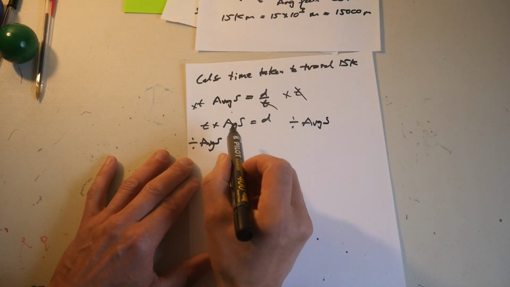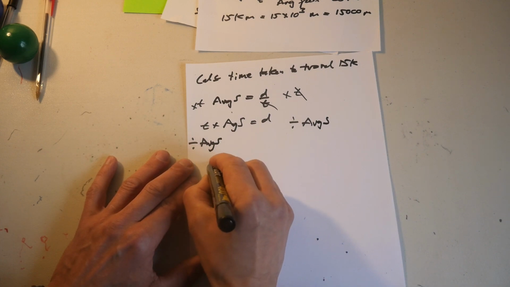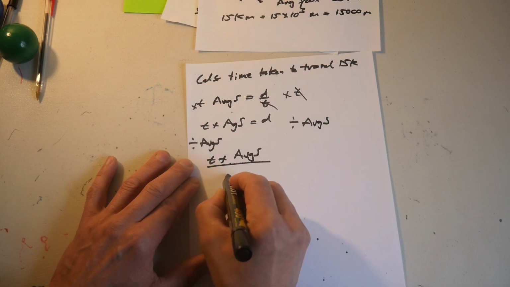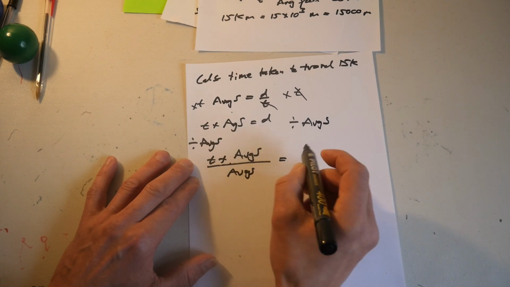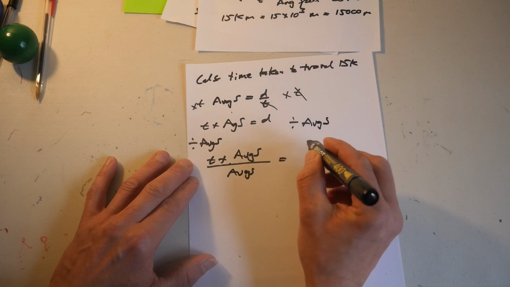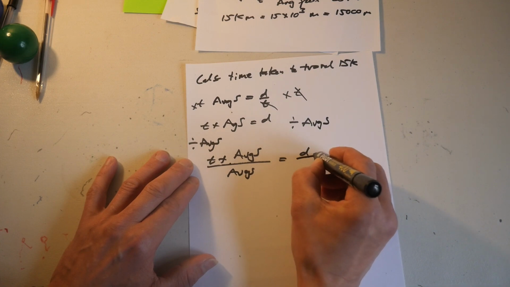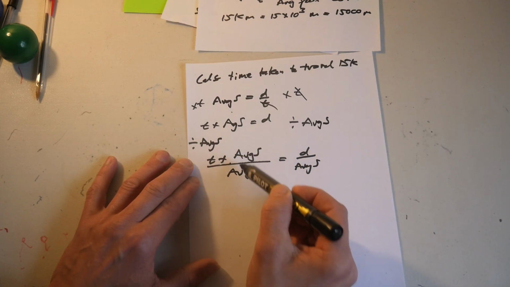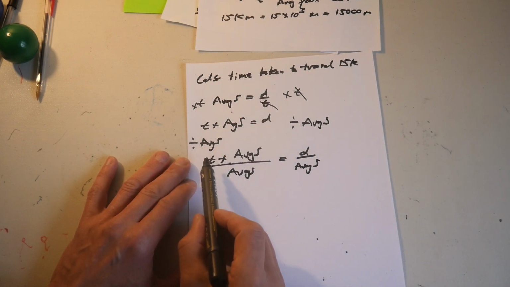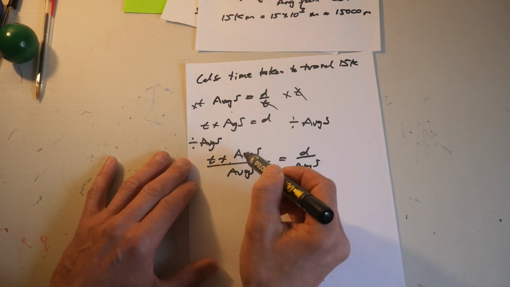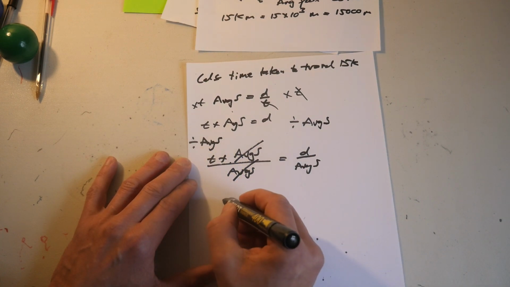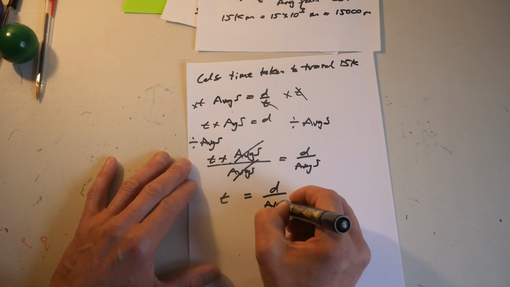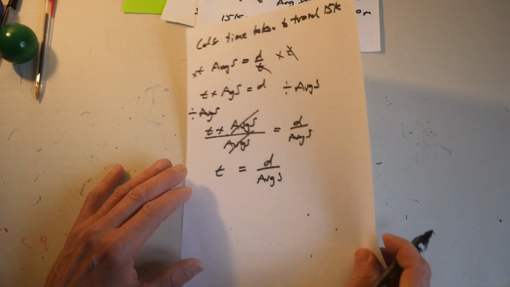So time equals distance divided by average speed, okay? Because this is a product, time times average speed divided by average speed, those cancel. You end up with time equals distance divided by average speed, okay?